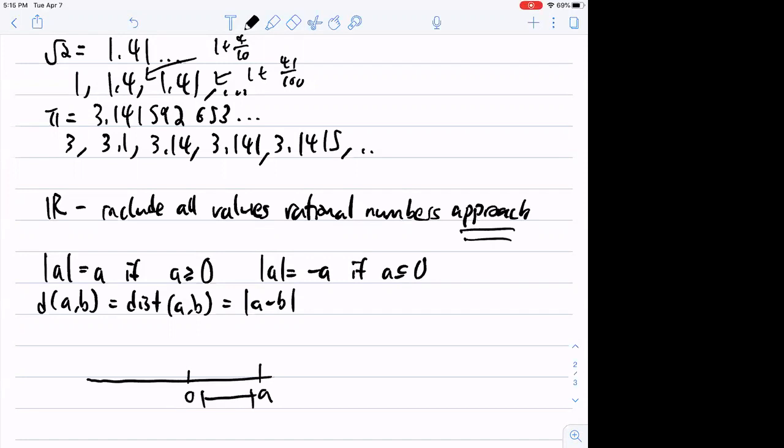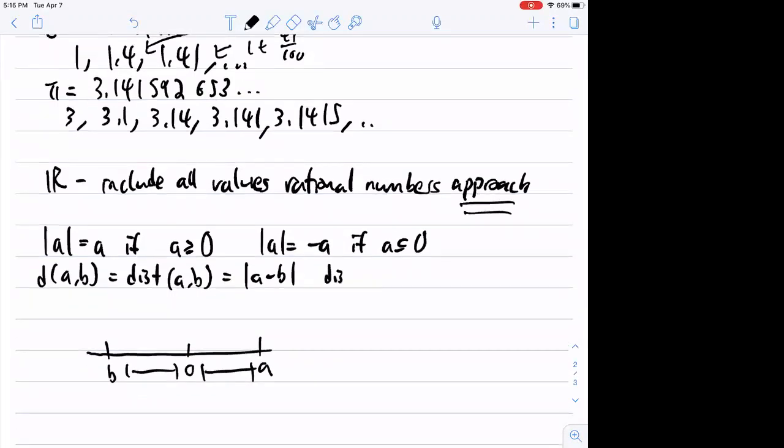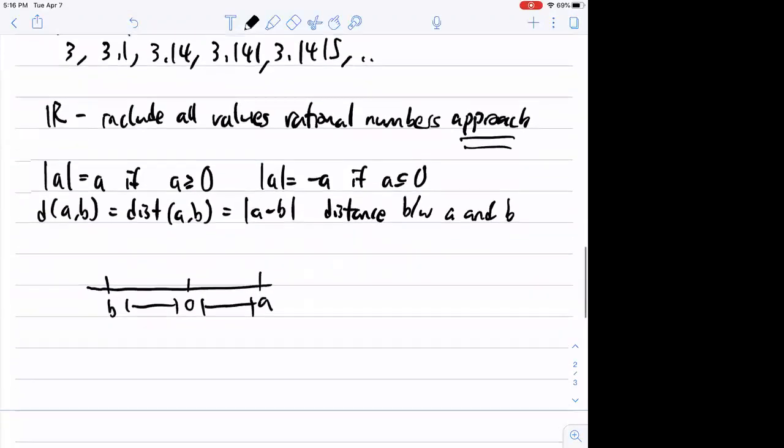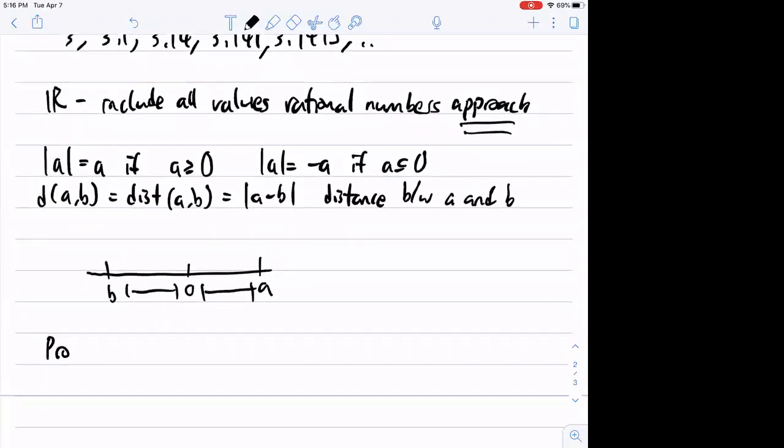It doesn't matter if it's negative, the distance is still preserved. So this means you take the difference and find the distance to 0. So, okay, this is distance between A and B.